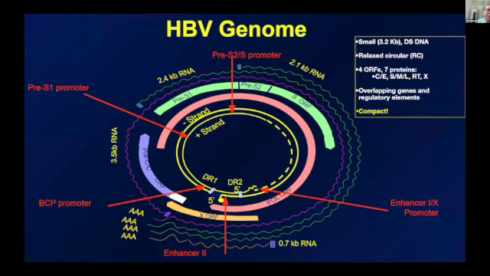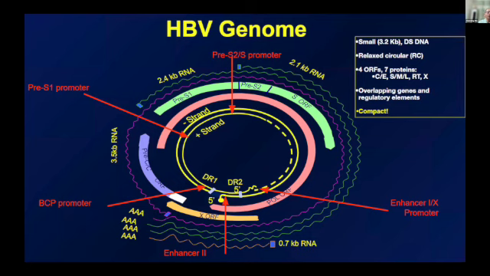Then the capsid protein I mentioned already, but on the same open reading frame of the capsid, there's an N-terminal extension. The N-terminal extension plus the capsid region constitutes the pre-core protein. And then finally, we have the X protein.